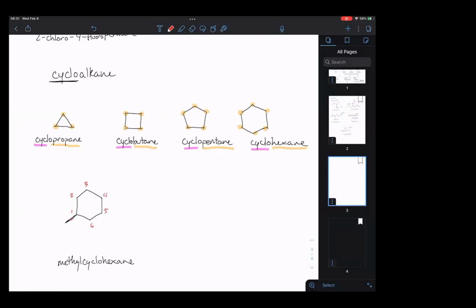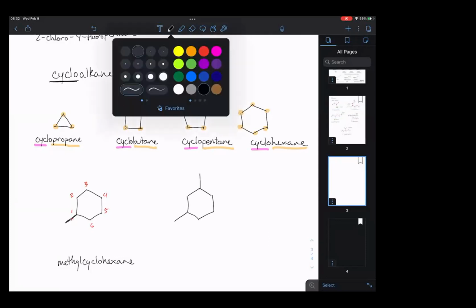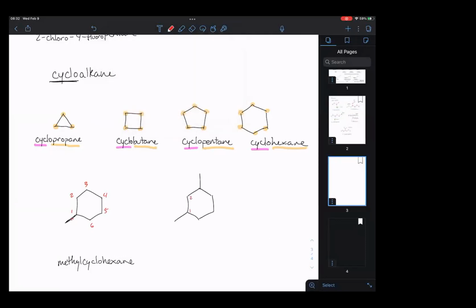If you have more than one substituent, so for example something like this, now all of a sudden you would include the numbering scheme. This is carbon 1, 2, 3, 4, 5, 6. So this would be 1,3-dimethyl cyclohexane.